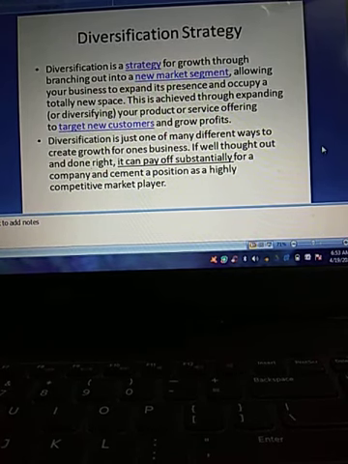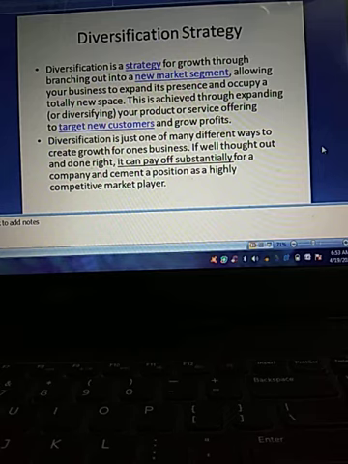Diversification is a strategy for growth through branching out into new market segments, allowing your business to expand its presence and occupy a totally new space. This is achieved through expanding or diversifying product and service offerings, targeting new customers and growing profits.